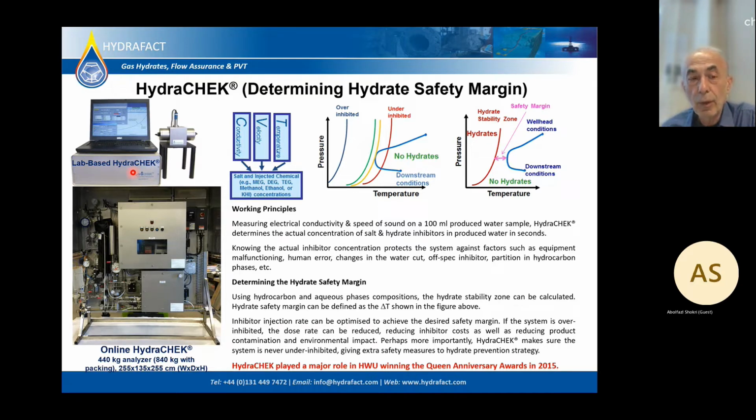Because with this device, Total was able to extend the life of the reservoir by 5 years and reduce the amount of inhibitor from 28% to 0%, which was recognized by the judges in the Queen's Anniversary Award and also the Institute of Chemical Engineering of UK.